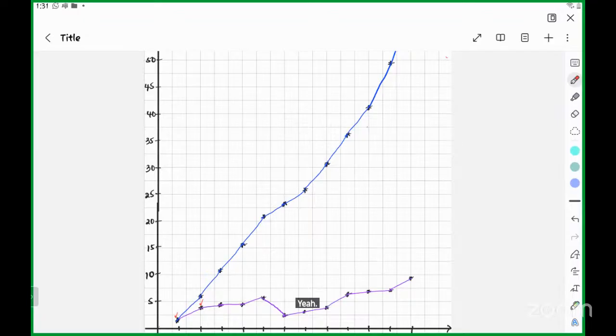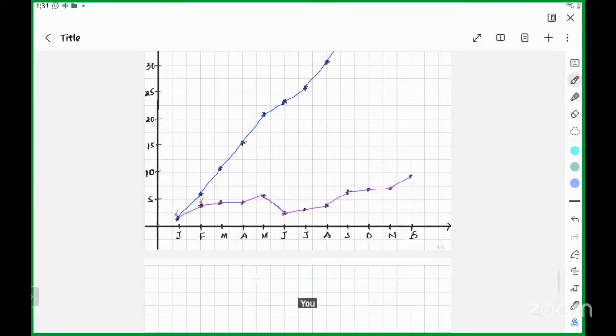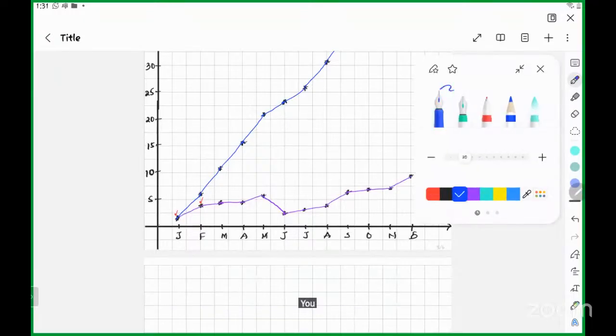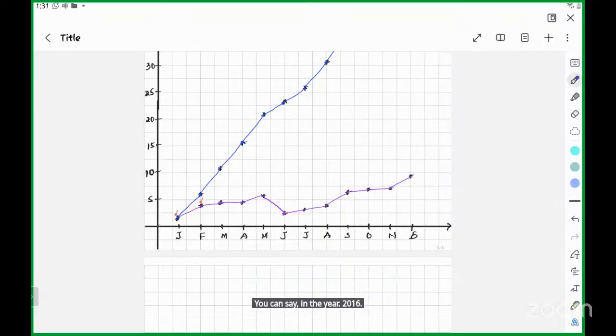It's for observation of trends. They actually ask you to explain, to do a little interpretation. So what you do, you come to periods where you see distinct changes. Like for instance, you can say in the year 2016, the turnover gradually improved from Jan to May, right here.